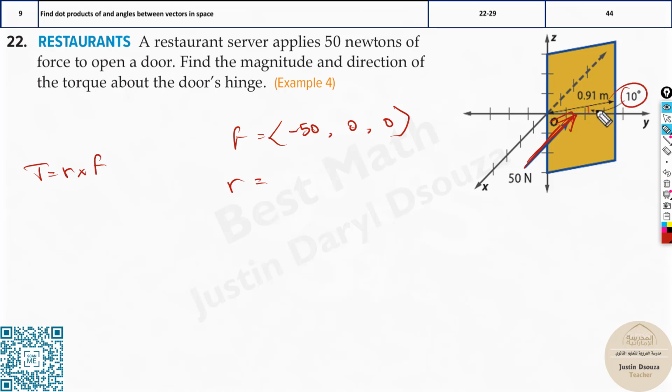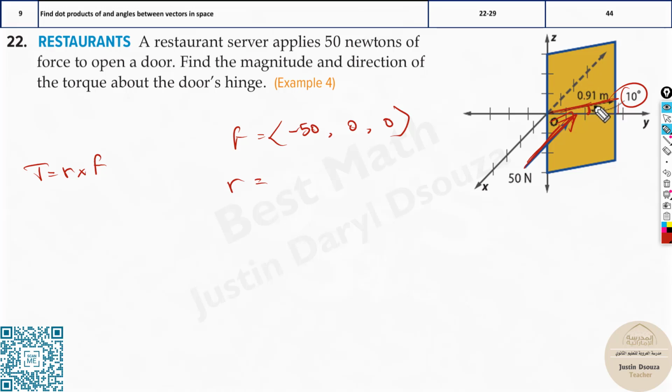The angle is known, okay? They have not told us anything else, but in the figure you can see this is the angle, 10 degrees, and the length of the door is 0.91. Imagine you're pushing the door. Will it go along the z-axis, up? No, it's not going to flip like this. It's not going to turn. It's going to go back. So from the y-axis, it's going to go back towards the x-axis, isn't it?